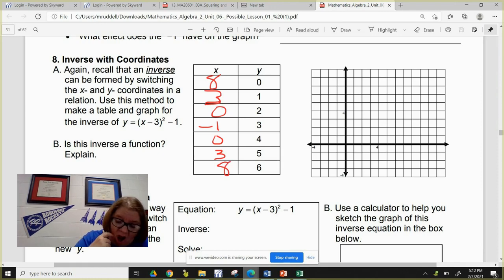Plot these points. 8, 0. 3, 1. 0, 2. 1, 3. 0, 4. 3, 5.